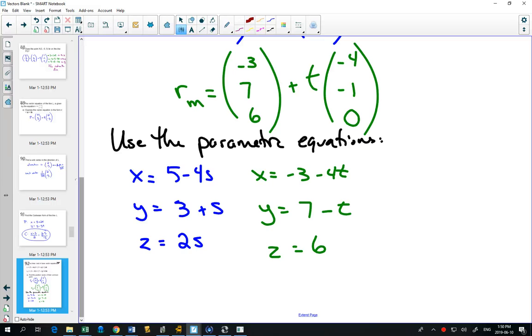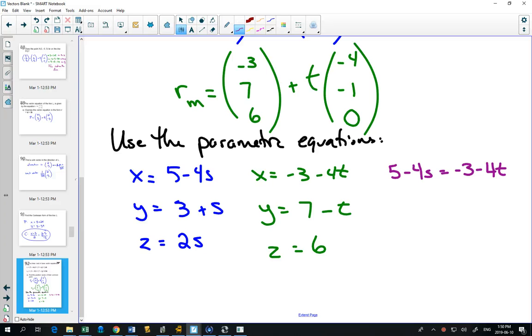When you have your parametric equations, since you have two equations for x, can you see that I can use substitution and say 5 minus 4s has to equal negative 3 minus 4t. If they have a point in common, the x values would be the same.